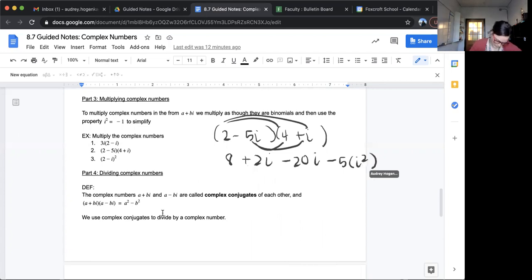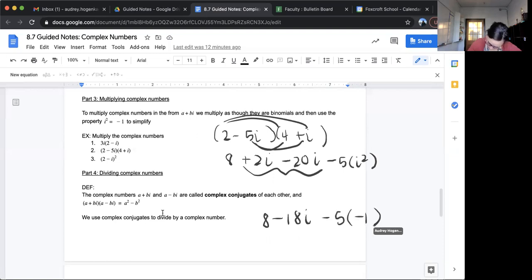So we get 8 plus 2i minus 20i, and we can combine like terms in the middle: 8 minus 18i. Then i squared is negative 1, so we have negative 5 times negative 1, which is plus 5. So 8 minus 18i plus 5, and 8 plus 5 is 13. So we get 13 minus 18i.